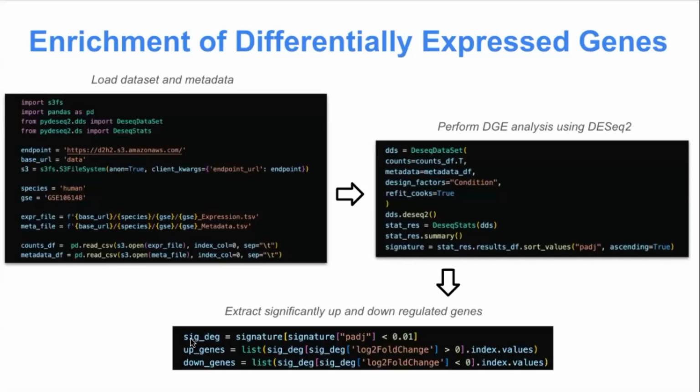This is essentially just extracting all the genes in our data frame that have an adjusted p-value of less than 0.01. The up genes would then be the genes in this filtered data frame that have a log2 fold change greater than 0. And the down genes would be the genes that have a log2 fold change of less than 0.